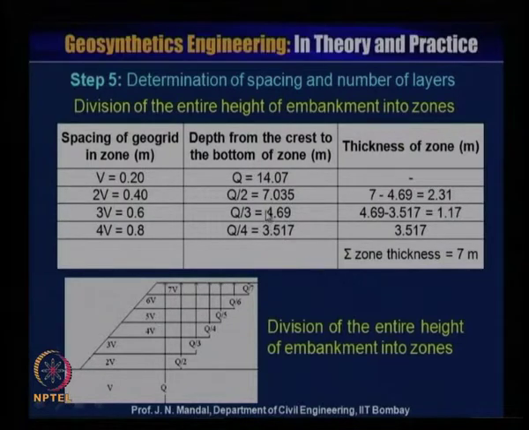Now, you see here that we have considered only up to 4V, because our height of the embankment, or height of the slope, is 7 meter.